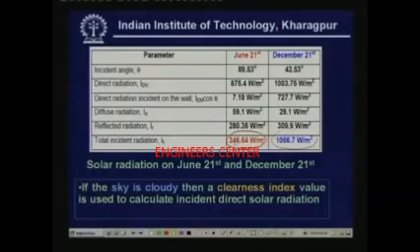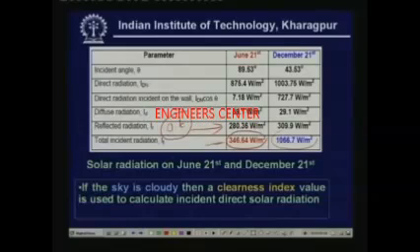And for summer, this value is coming mostly because of the reflected radiation, because we have taken 0.6 as the reflectivity of the ground. If the ground is not so reflective, you find that the total incident radiation on the vertical surface in June will be very small, whereas it is very high on December 21st, that is in winter.